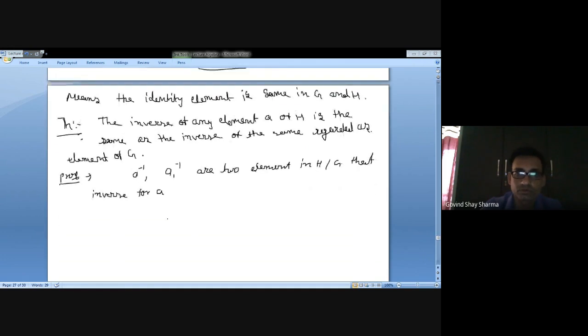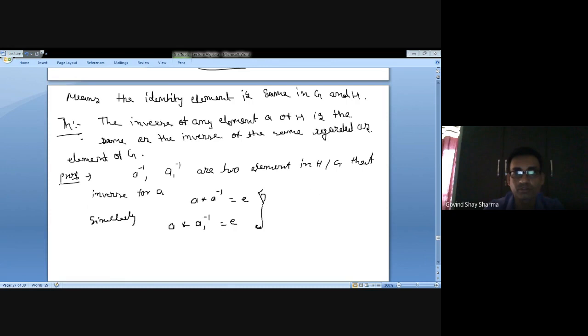So A A inverse is equal to E. We get this because A and A inverse are the inverse elements in H, and similarly A star A1 is equal. Why?